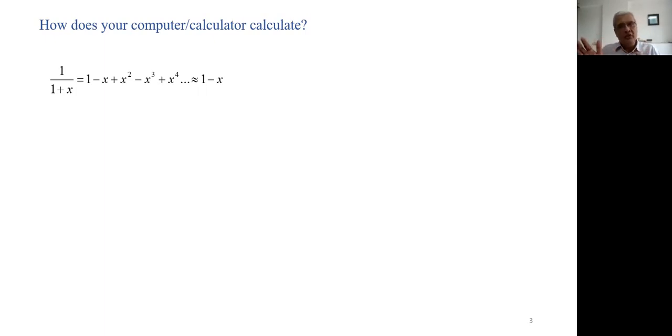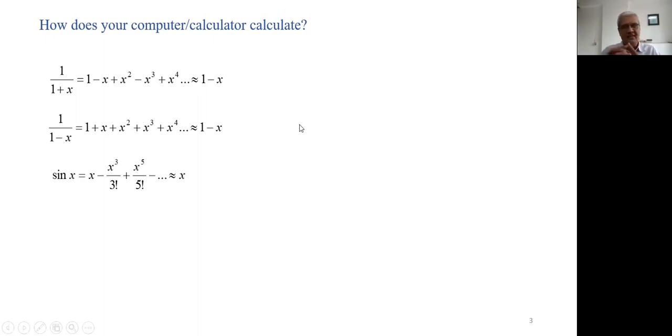Here, of course, we will assume that the value of x squared is very small compared to x. How small? We'll talk about it. Similarly, if I have 1 minus x, I'm sorry, there is a mistake. On the right hand side, it should have been 1 plus x. It's a series 1 plus x plus x squared plus x cubed and so on, which should be equal to 1 plus x as an approximation.